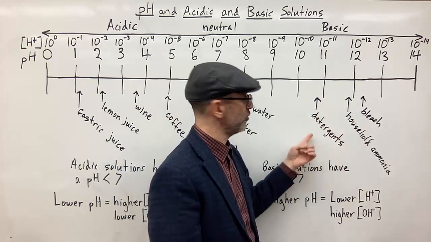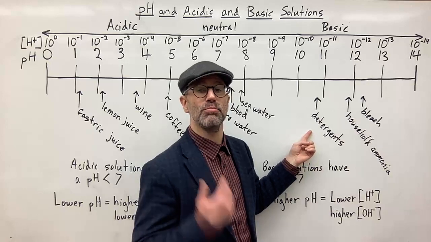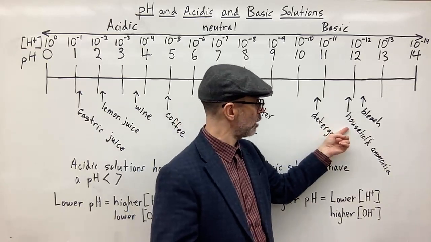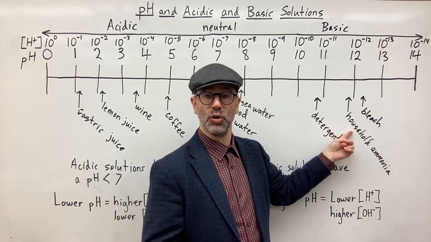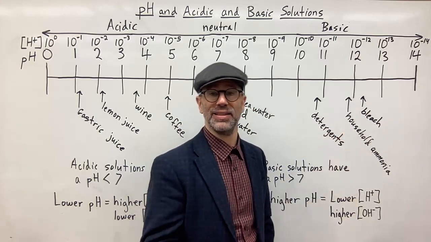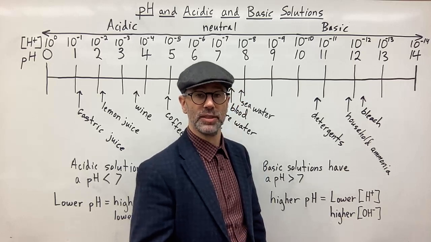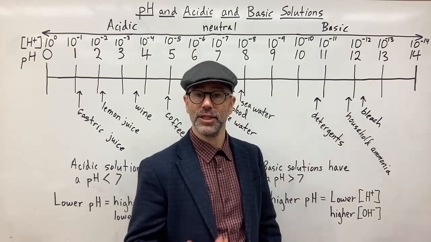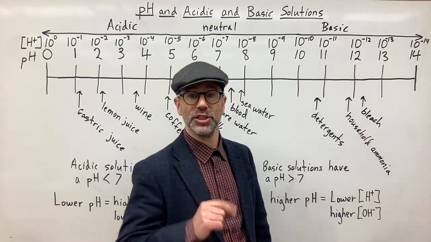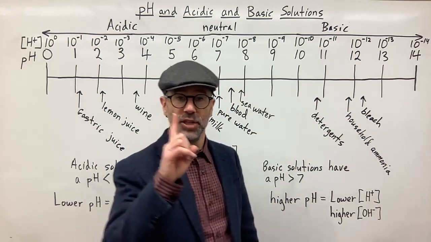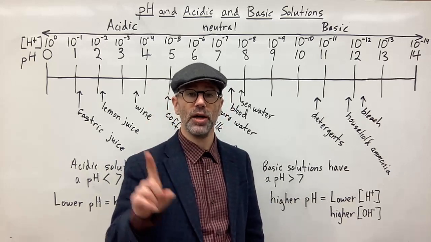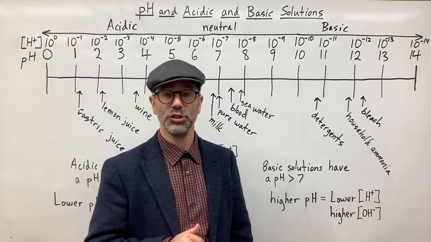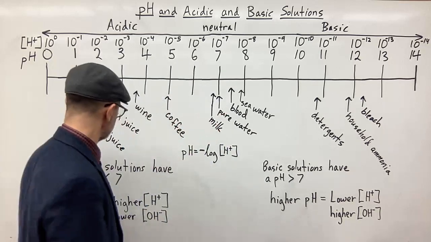So detergents are going to have 10 times more H plus ions compared to your household ammonia. So household ammonia will have 10 times less H plus concentration than your detergents because they differ by a factor of 1 in the pH scale. So remember, a change in the pH scale of 1 is equal to a 10-fold change in the H plus concentration.